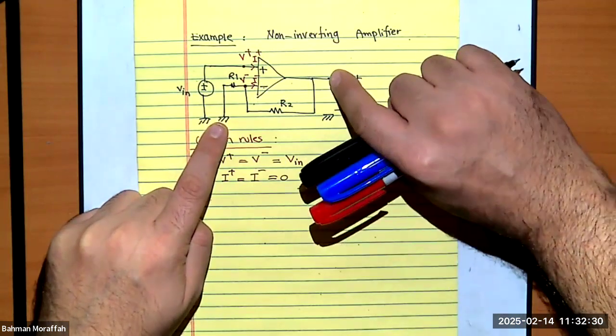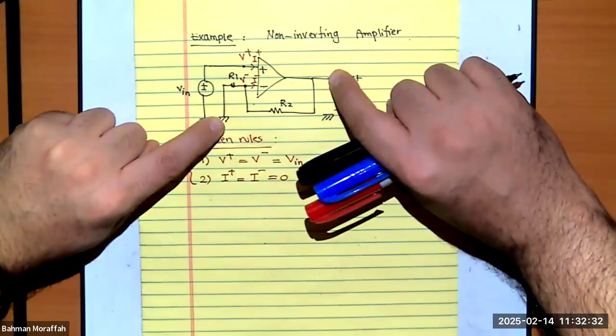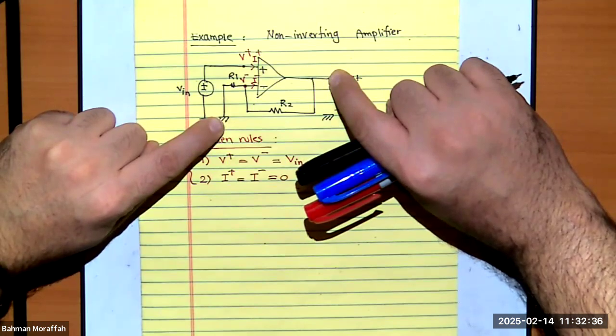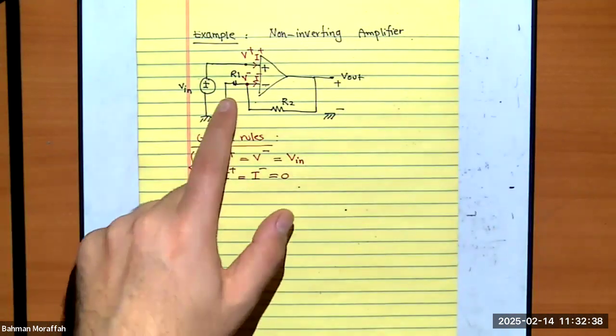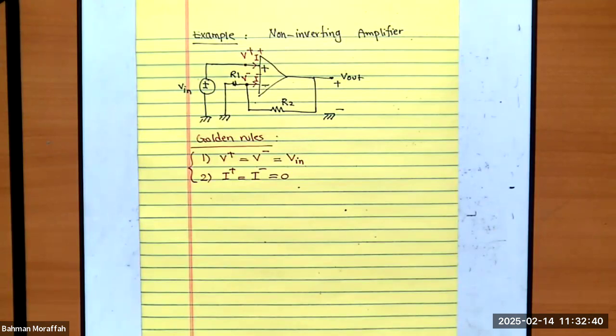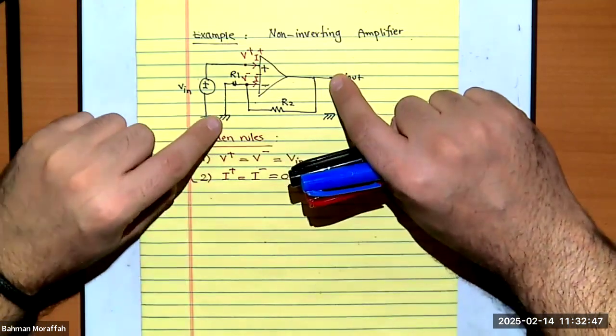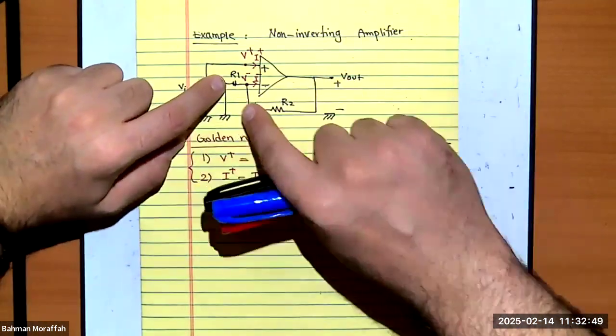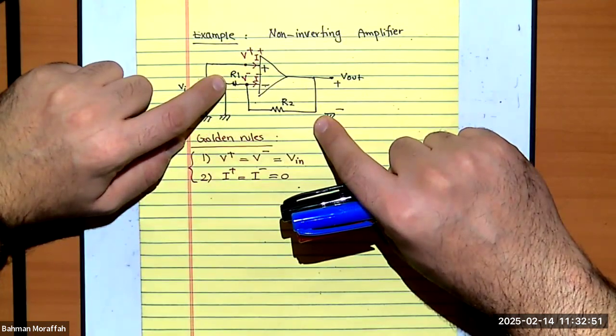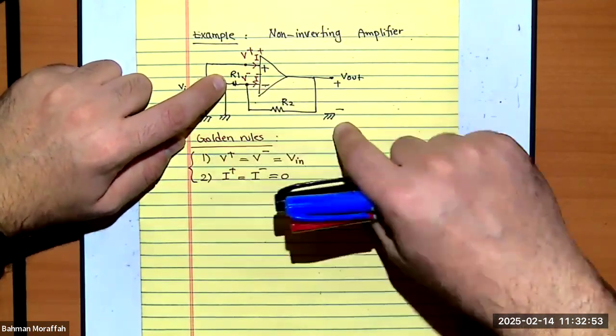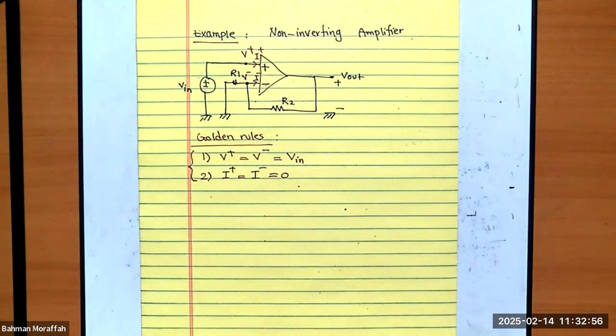Therefore, do you agree the voltage from here to this ground is V out? If I just show you that R1 and R2 are in series, do you agree I have a voltage divider? Because what it says is that the voltage from here to here is V out, which is the voltage across these two. And I can find the voltage across every single one of them that I want.